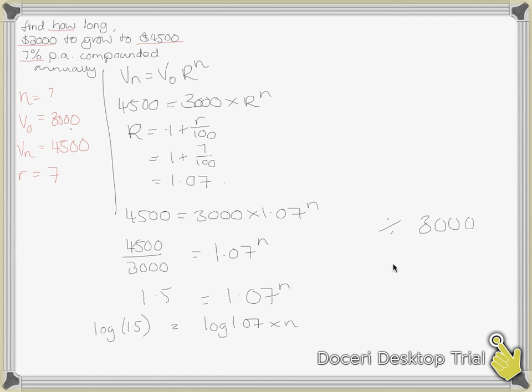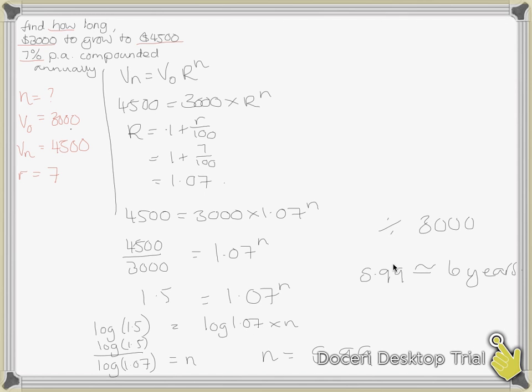So we have n equals, it's about 5.99. So approximately, sorry, I'll scoot that up here because you can't see it up there. So 5.99, which is approximately 6 years.